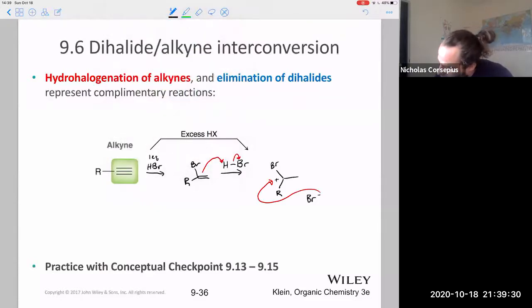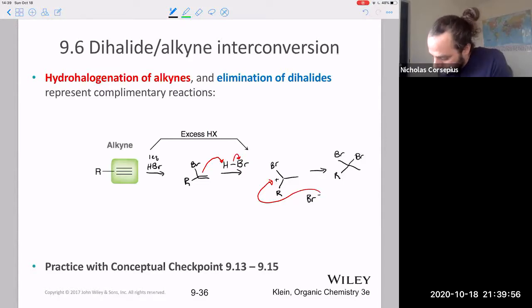This is how we have the formation of that geminal dihalide, or another way of saying that, both of those bromines are on the same carbon when we have the excess of HBr.